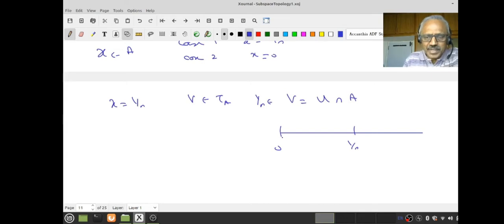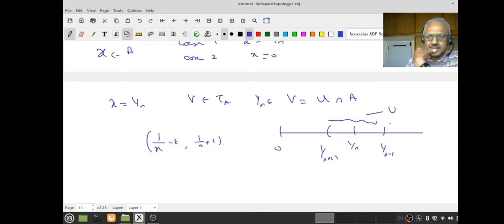Now what are the typical open sets containing 1 by n? Of course you will say 1 by n minus epsilon to 1 by n plus epsilon. But if you think a little more deeply, look at 1 by n plus 1 and 1 by n minus 1. This is an open set U in tau u. Do you understand this? This is 1 by n plus 1, this is 1 by n minus 1. Therefore 1 by n is squeezed in between.